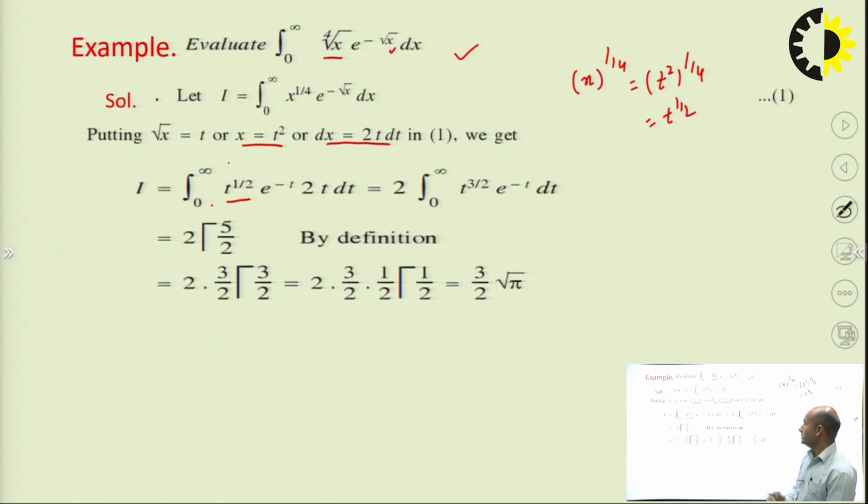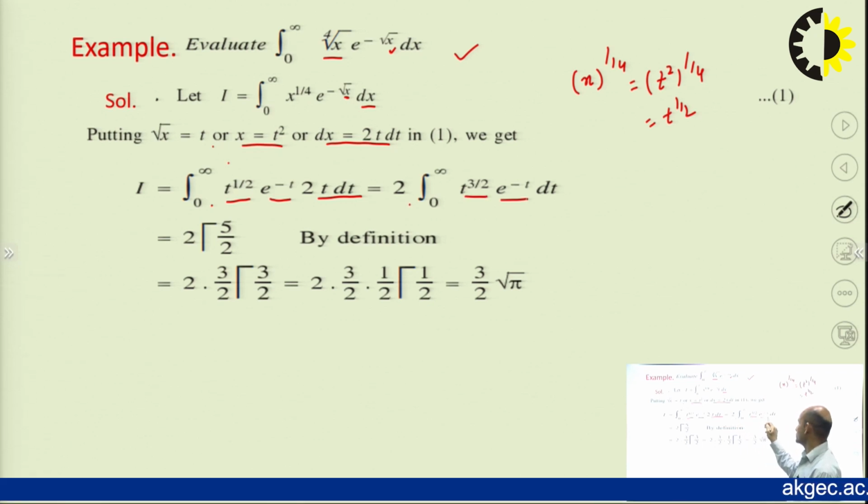In the exponent we have root x as t, so we have e raised to minus t, and with this we have dx, which is 2t dt. After simplification, we get this integration as 2 times the integral from 0 to infinity of t raised to 3 by 2 e raised to minus t dt, which can be written as 2 times the integral from 0 to infinity of t raised to 5 by 2 minus 1 e raised to minus t dt.